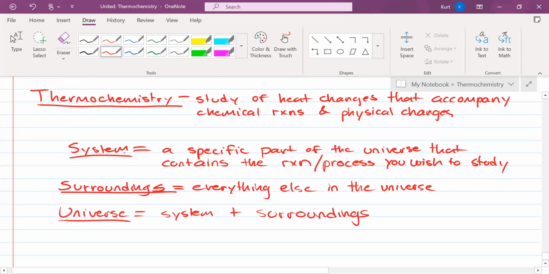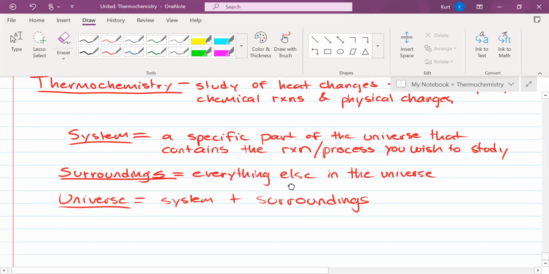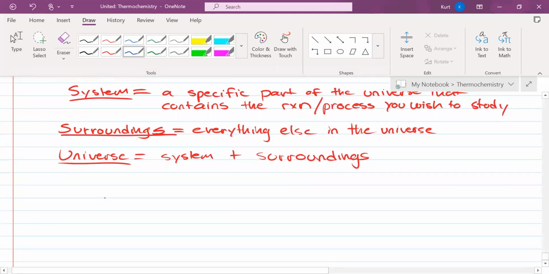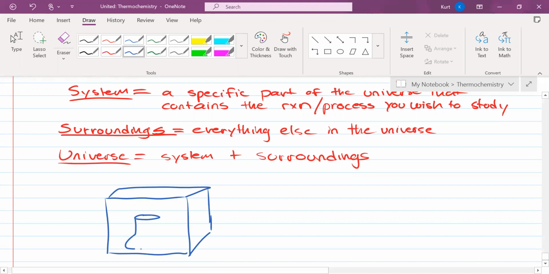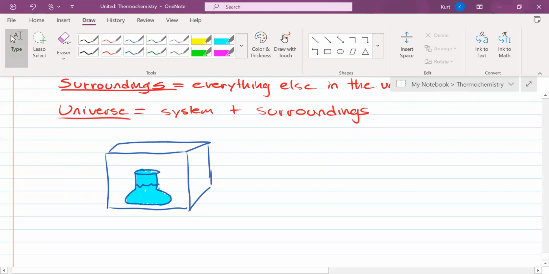So I'm going to give you guys a little drawing here. Let's say I want to find out how much heat is either entering or exiting this experiment. This right here, this would be the system.